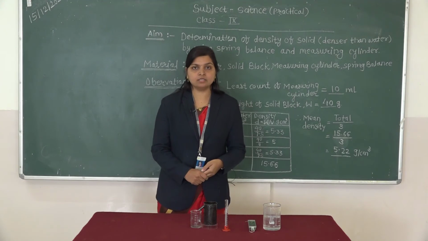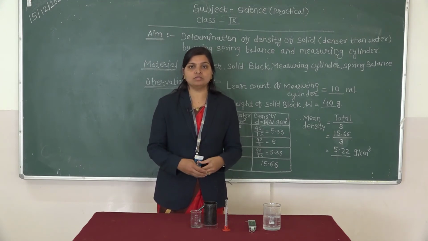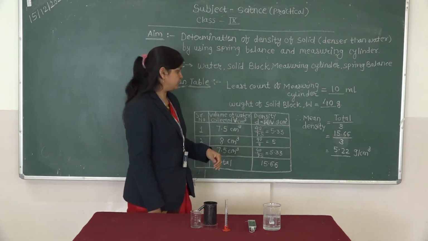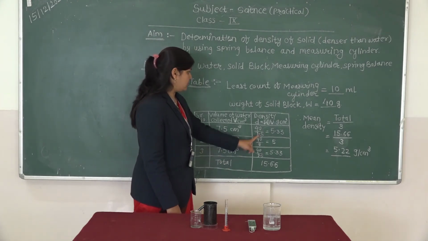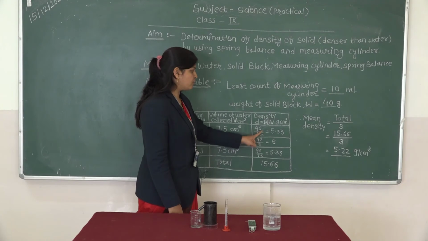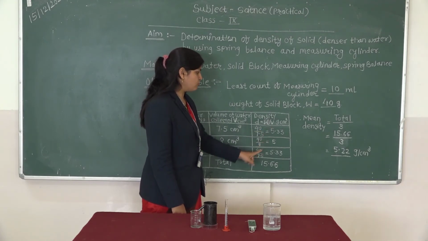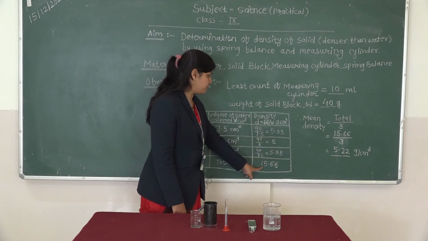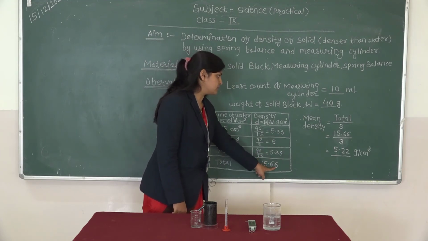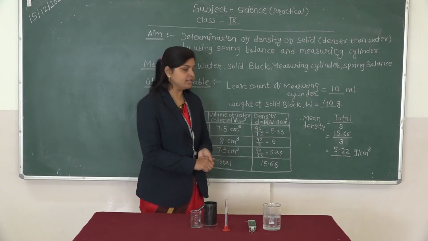By repeating the same procedure 2 to 3 times, we have taken the readings for trials 2 and 3, and we find out the ratio of mass to volume. We have taken the total of this, 15.66, and we need to find out the mean density.